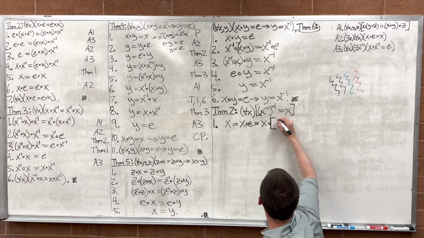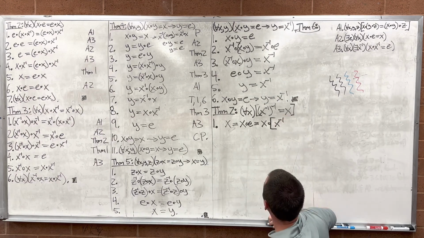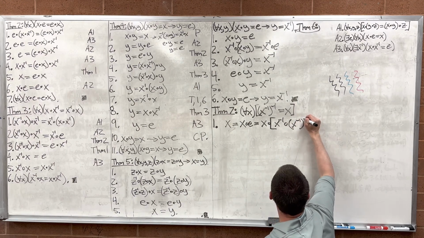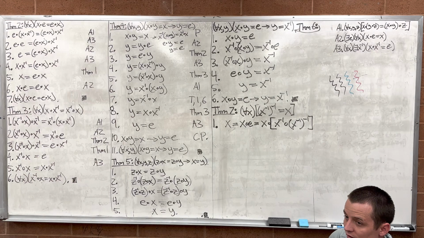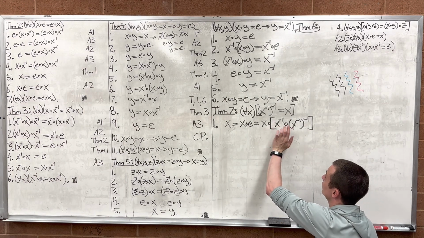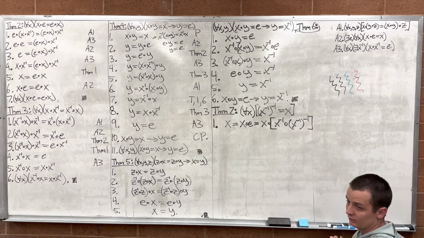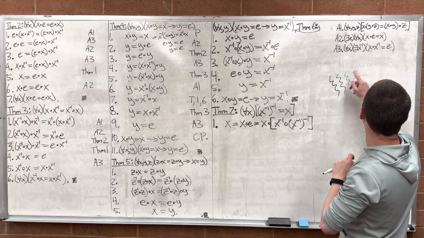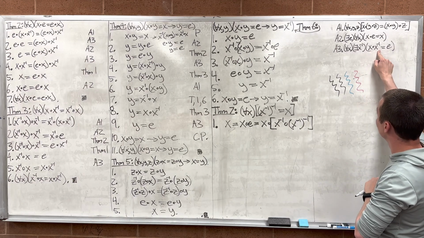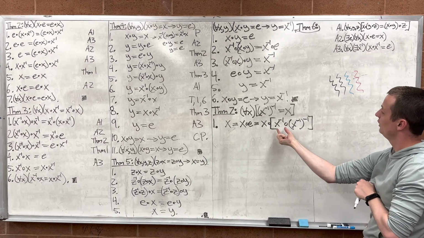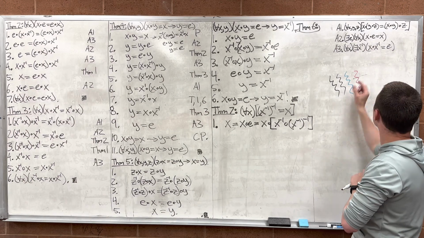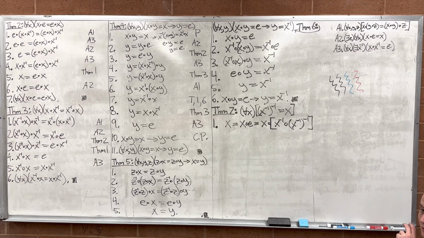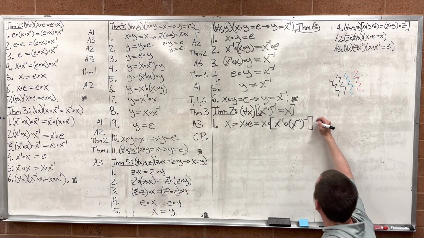Identity is always some element composed with that element's inverse. Identity is anything composed with its inverse. In this case, the thing I'm choosing is x inverse. So x inverse composed with x inverse's inverse is always identity. Make sense?